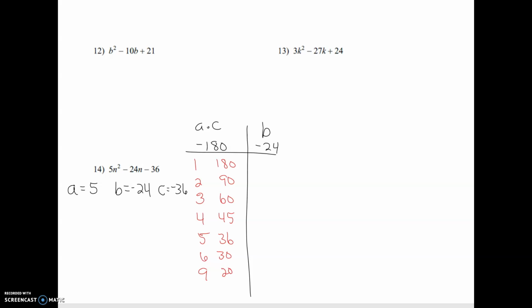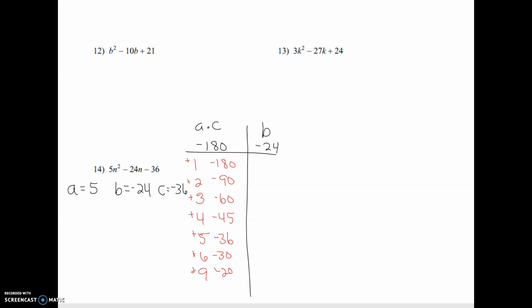Notice that I have all positive factors. I need a negative number, so one of these has to be negative. It has to be the larger number because remember it has to add together to equal a negative value. So I'm going to make all of these positive down here on the left and over here on the right, these factors I'm going to make negative.